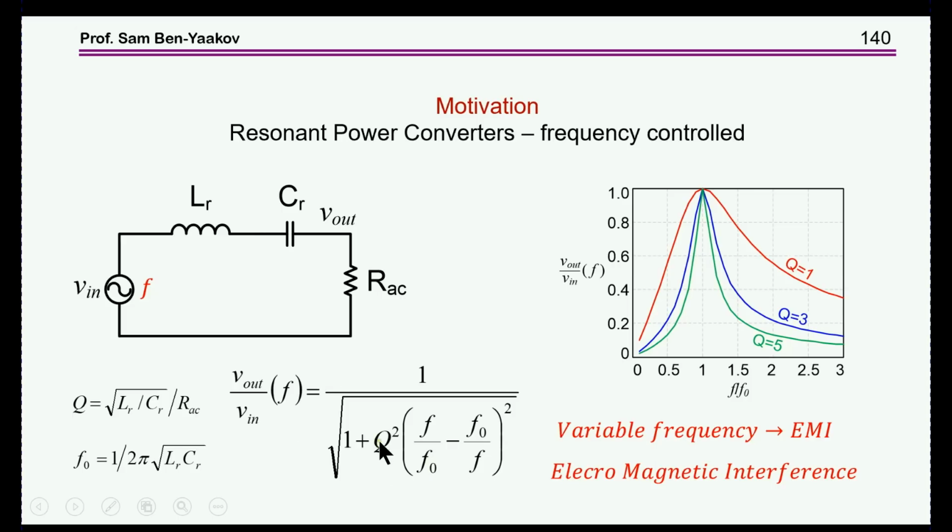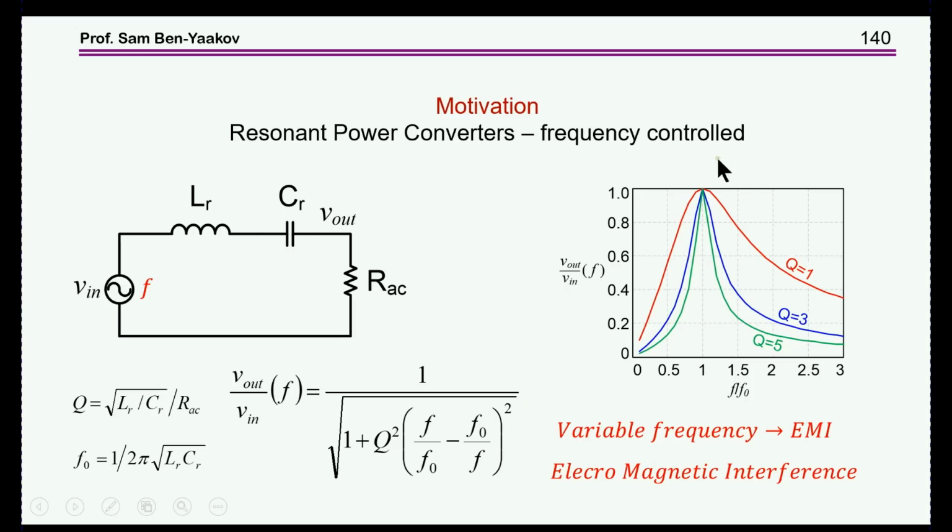Q is related to the load, actually the ratio between the characteristic impedance and the load, and F is the excitation frequency, I shouldn't say switching, and F sub 0 is the resonant frequency. So this is a classical resonant converter, electrical engineering 101, okay?